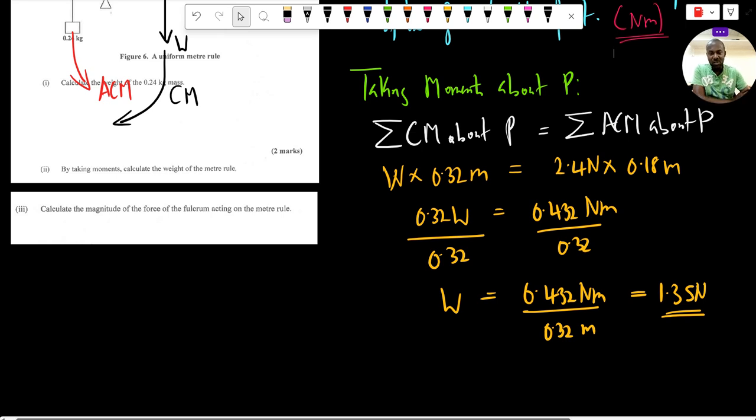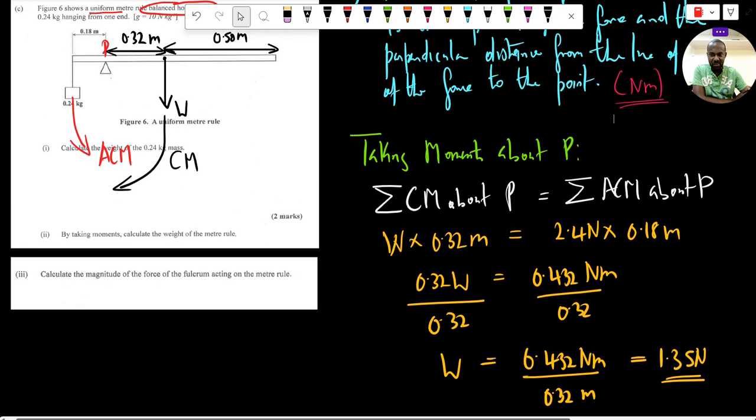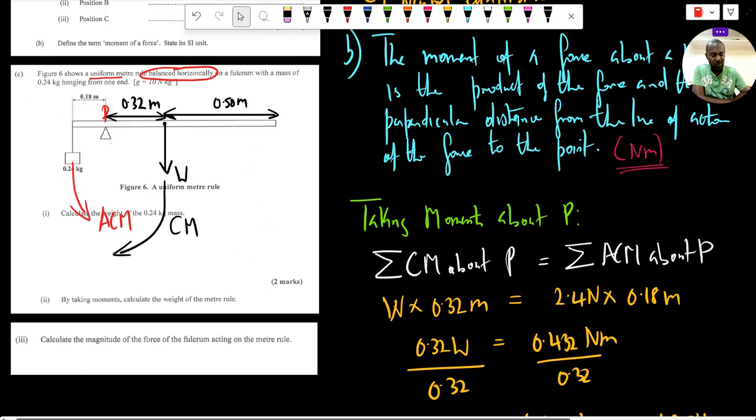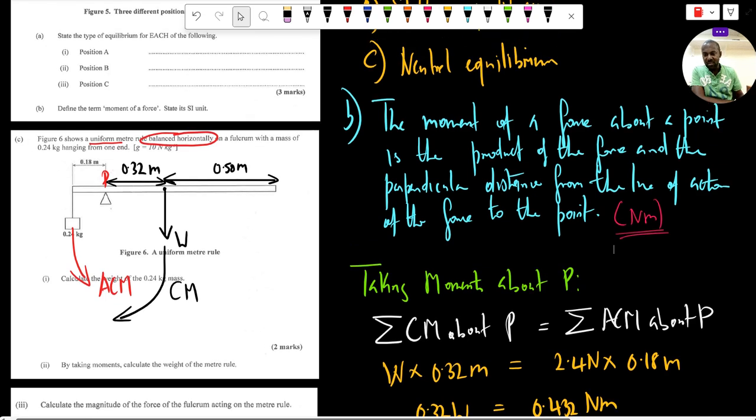And of course, you know that whenever a body is in equilibrium, there are usually two conditions which must be satisfied. The first one is the principle of moments, where we say that the sum of the clockwise moments about any point on the body must be equal to the sum of the anti-clockwise moments about the same point. Now, the other condition is that the resultant force acting on the body must be equal to zero, right?